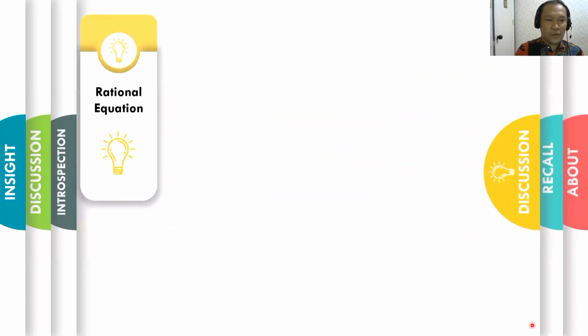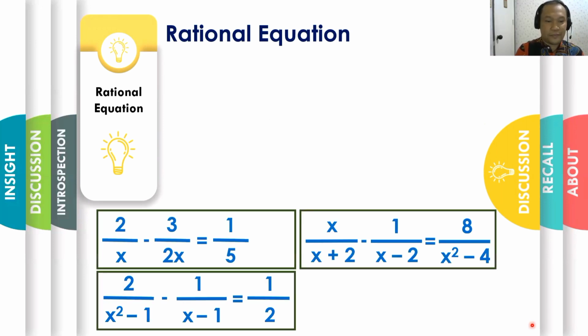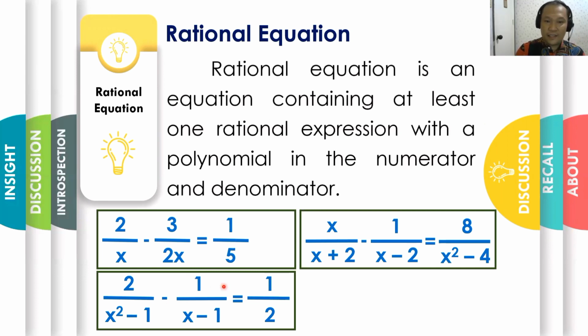Okay. Now, the question here is, what is a rational equation and what are the examples of rational equations? Now, I do have here some of the examples of rational equations. Looking in the given examples, all of these have rational expression.